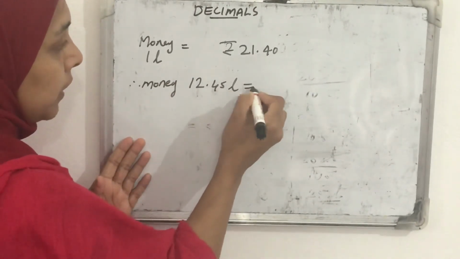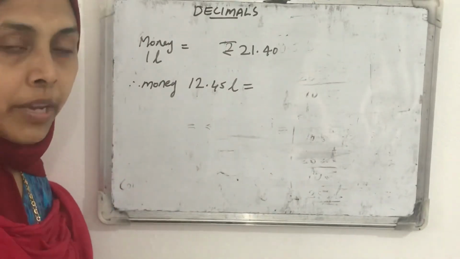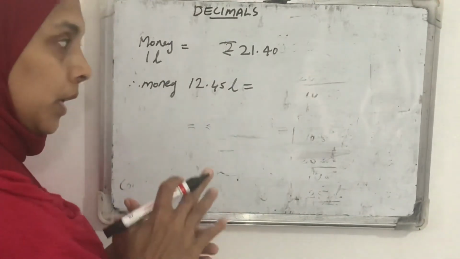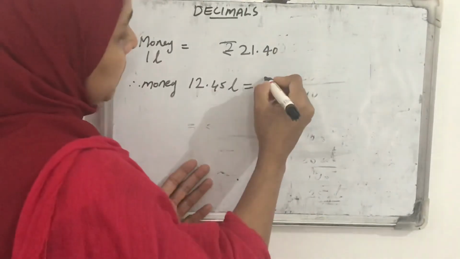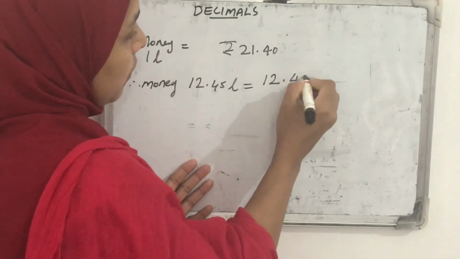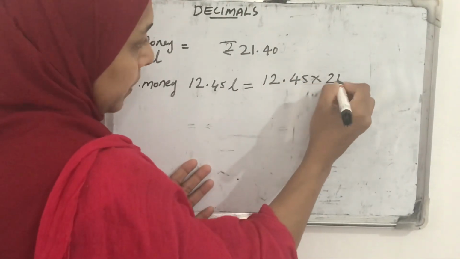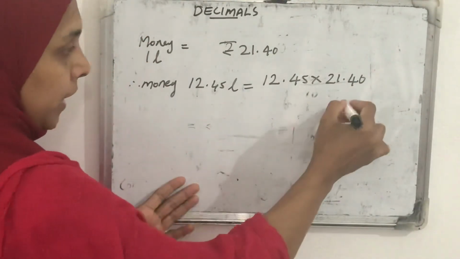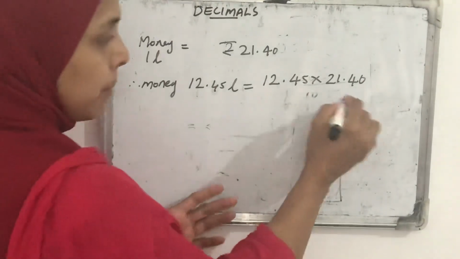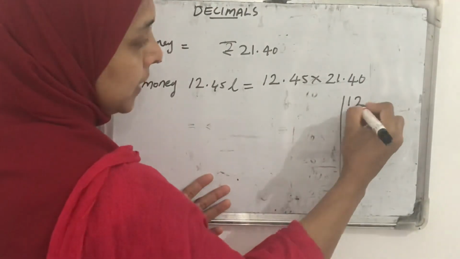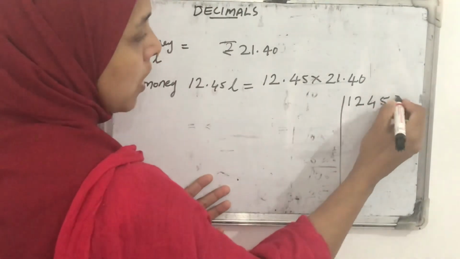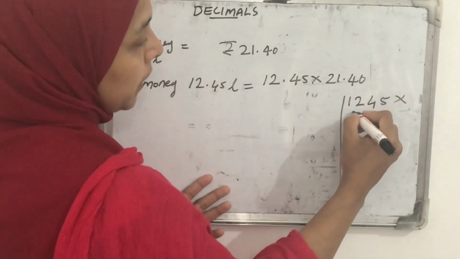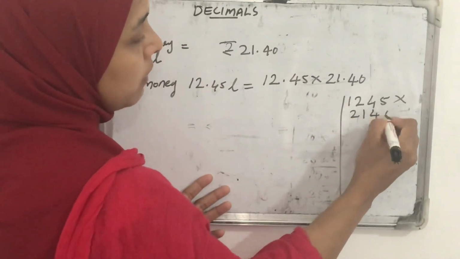will be equal to, what will be here? Multiplication or division? Here also multiplication. That means 12.45 into 21.40. Do that multiplication in the working column by avoiding the decimals, that is, 1245 multiplied with 2140.